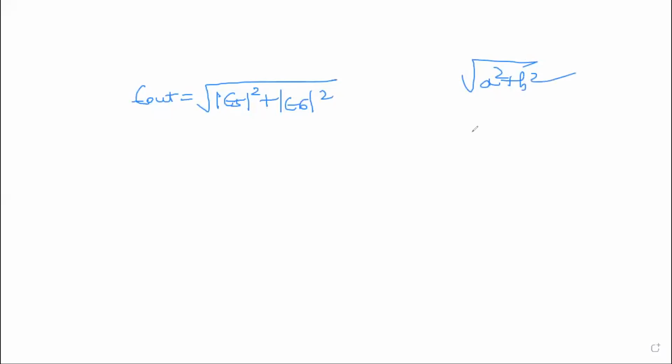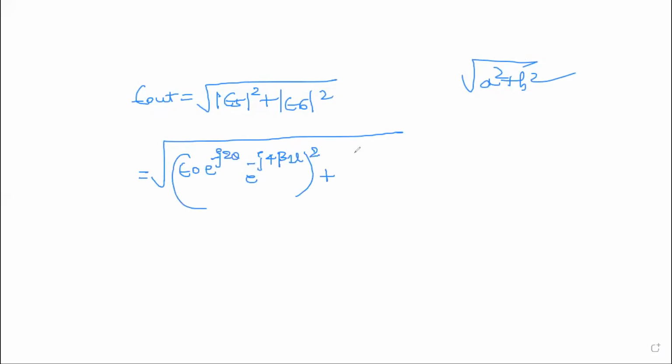The equation of E5 is E naught e to the power minus j 2 theta e to the power minus j 4 beta 1 L whole square, plus the equation of E6, that is E naught e to the power minus j 2 theta e to the power minus j 4 beta 1 L whole square.